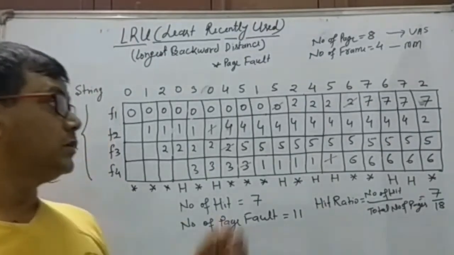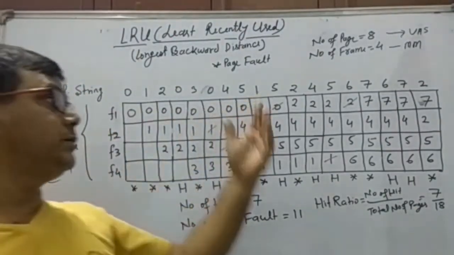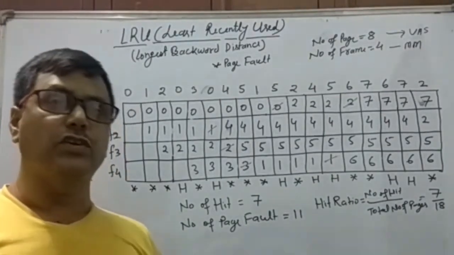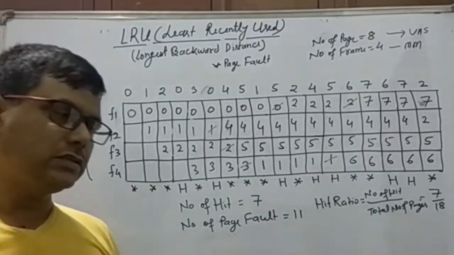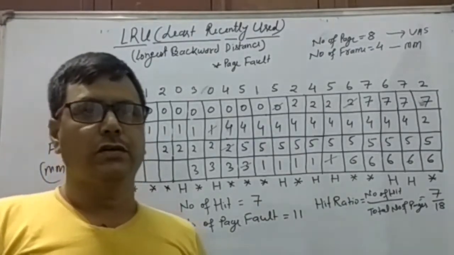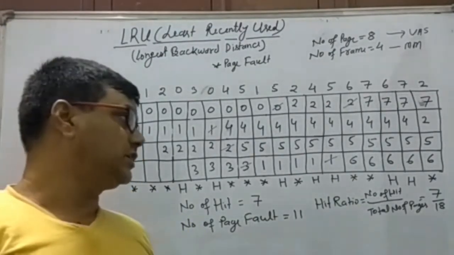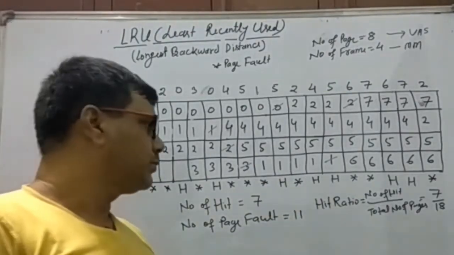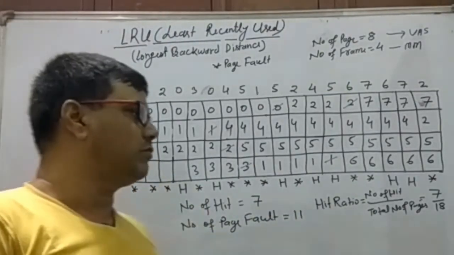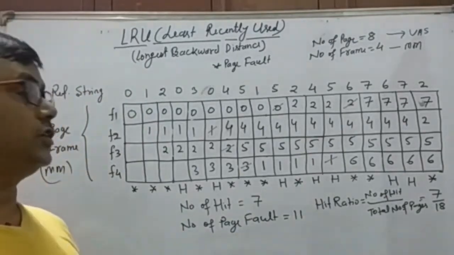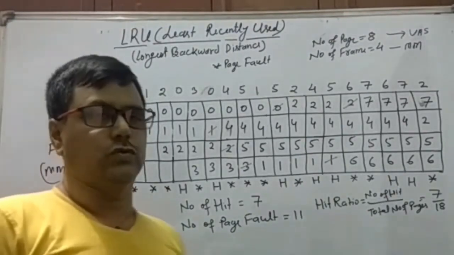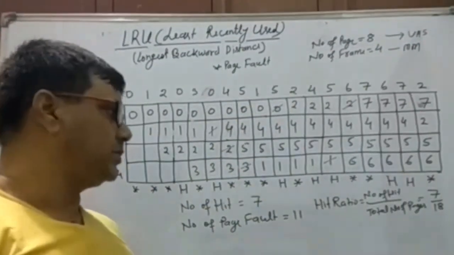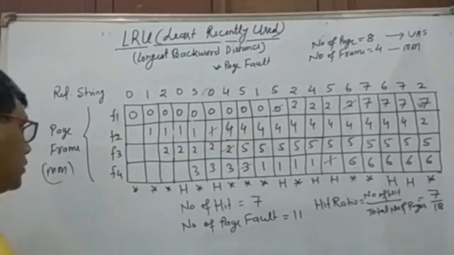And assume here there are only 18 pages. If there are 180 pages or 100 pages, then that searching becomes much more tedious, and that will take CPU time. So this is also a disadvantage of LRU, but it is efficient for some sequences of pages.